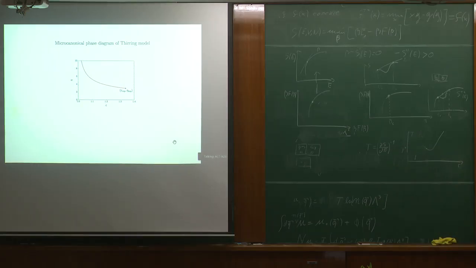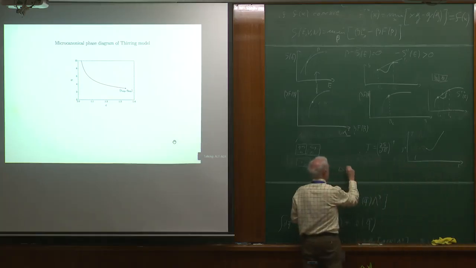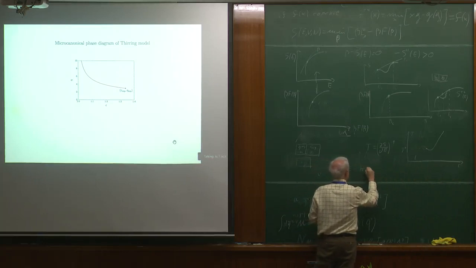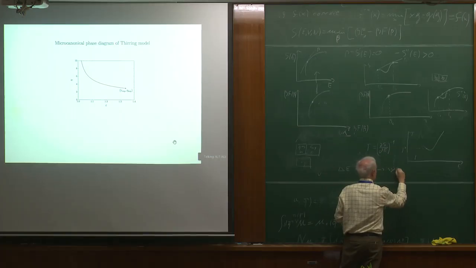Of course, when there is a bath with which the system exchanges energy, there are continuous fluctuations. So the system gives some energy to the bath and vice versa. Suppose that there is a fluctuation in which some small amount of energy goes from the bath to the system, a fluctuation of this sign.